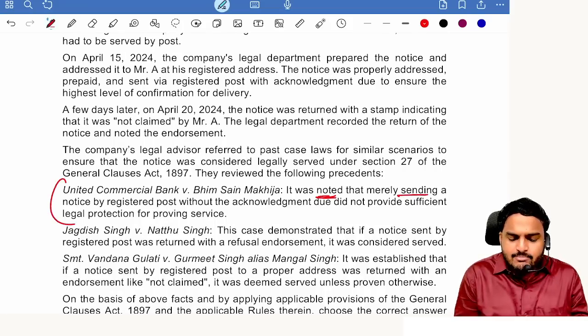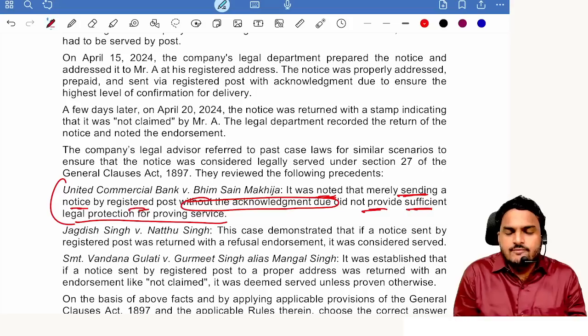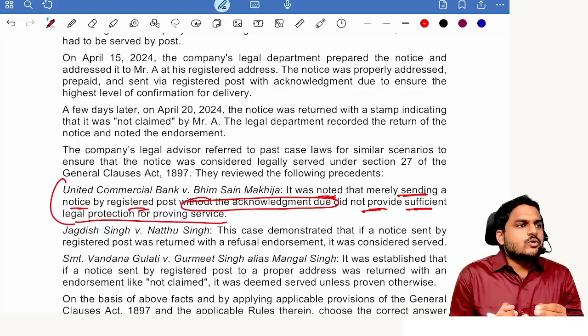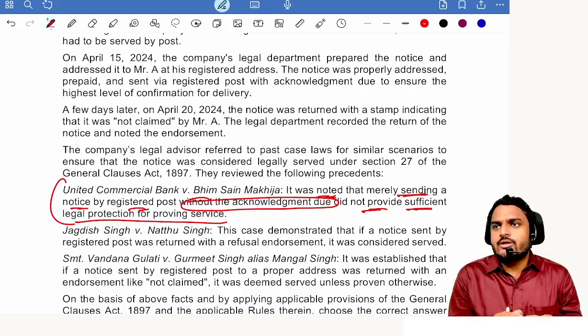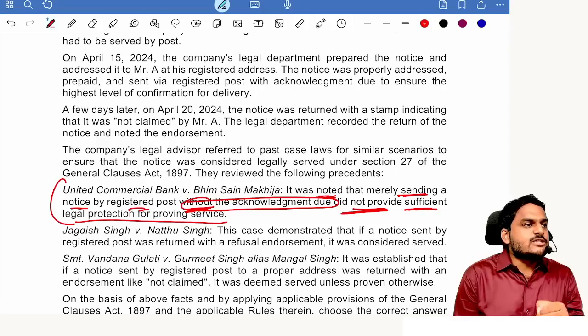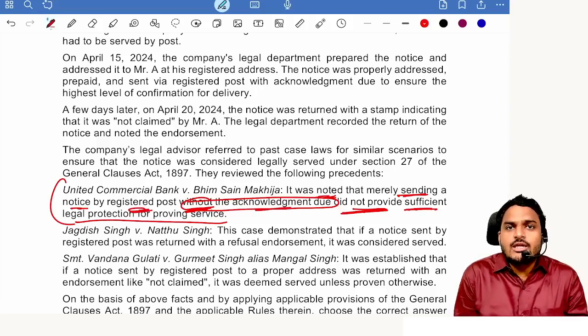It was noted that merely sending a notice by registered post without acknowledgement due did not provide sufficient legal protection for proving service. So in this case study, what was proved? A registered post with acknowledgement due they need, or without acknowledgement they need? With acknowledgement they need. You know, without acknowledgement is not providing sufficient protection. That means sufficient protection is available only if that registered post is sent with acknowledgement due.